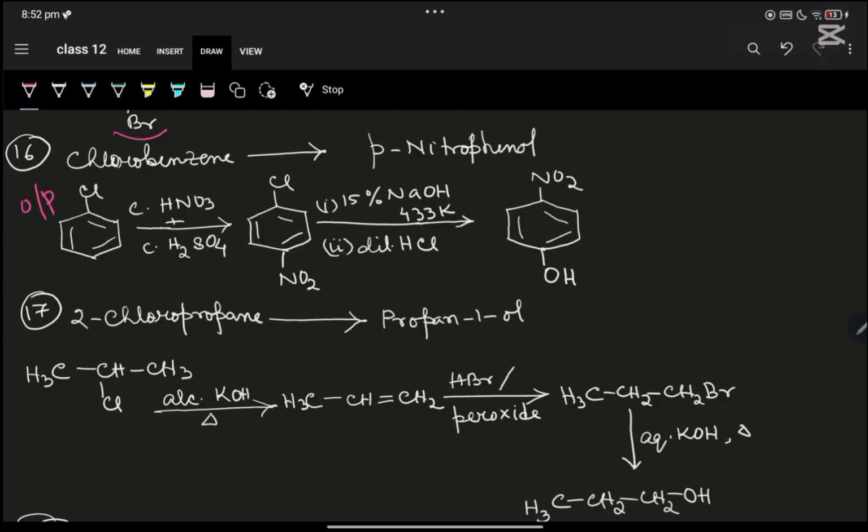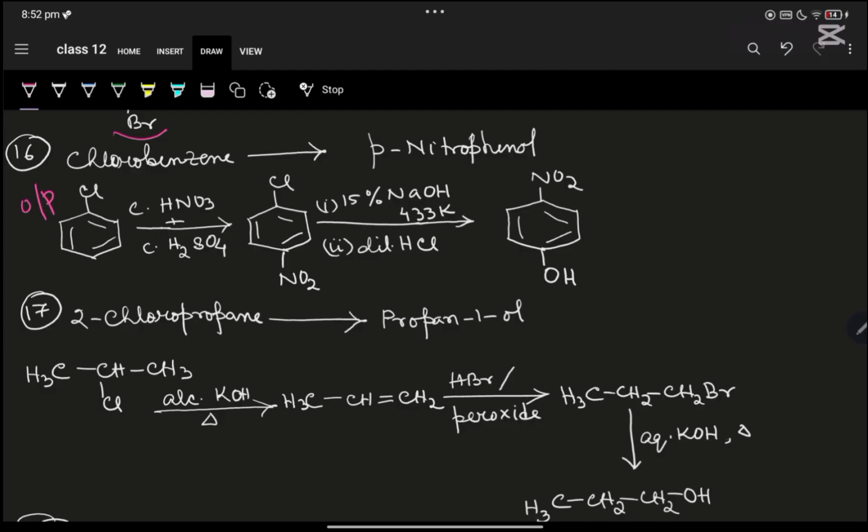So when you do nitration, concentrated HNO3 and concentrated H2SO4, you will get NO2. Now some of the students think, okay, why can't I bring OH first by doing Dow's process, and OH is ortho-para directing, and then I will give dilute HNO3 and I will get nitro in the para position.